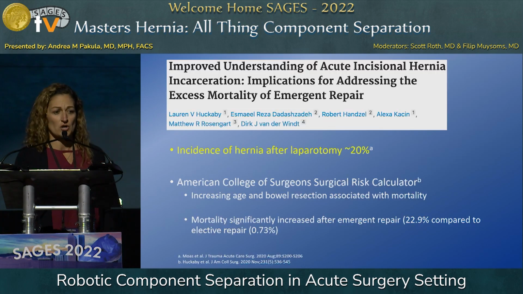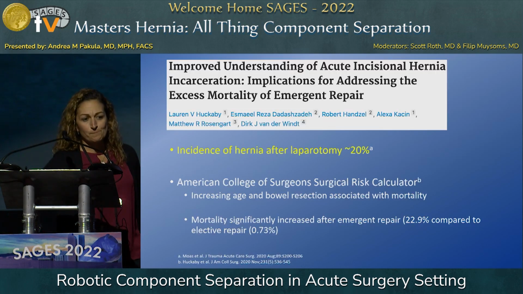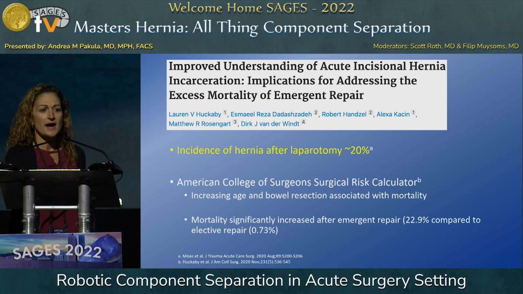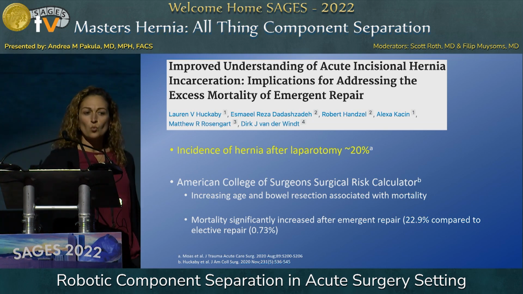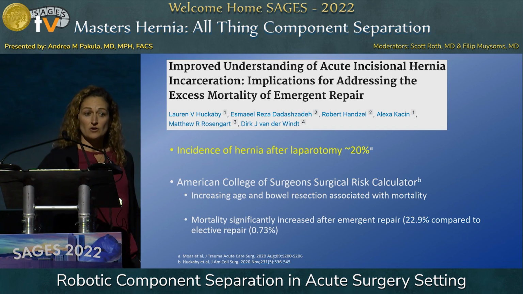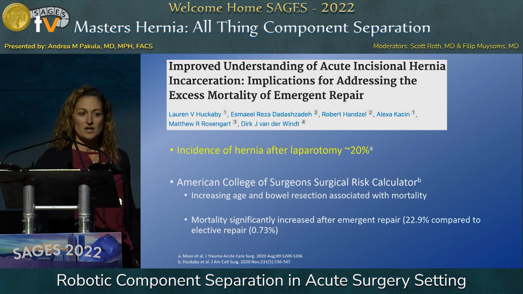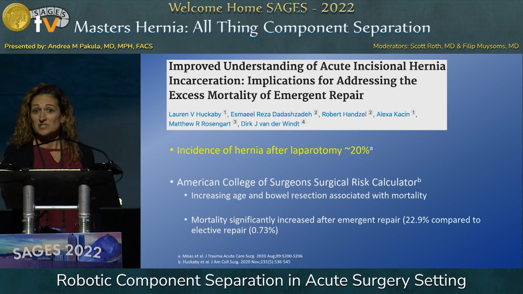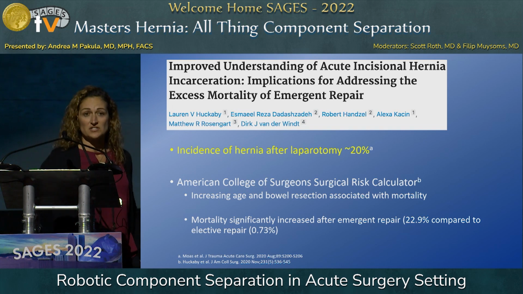So what does the literature show? Huckabee and colleagues wanted to see what the outcomes and implications were for addressing emergent hernias, acute incisional hernias and incarcerated hernias in the emergent setting. We know at baseline that doing a laparotomy gives approximately a 20% incidence of developing an incisional hernia, and that might be in the best of settings.